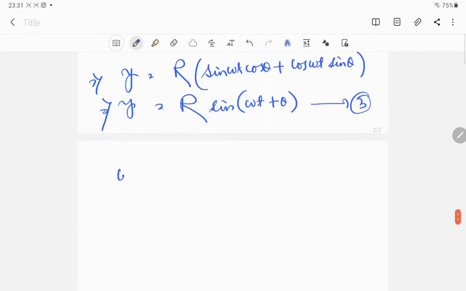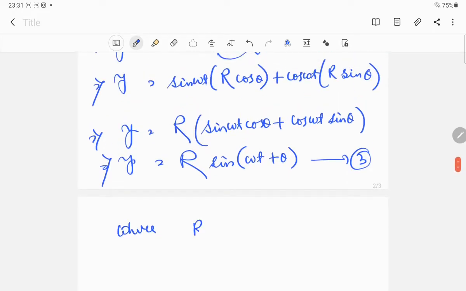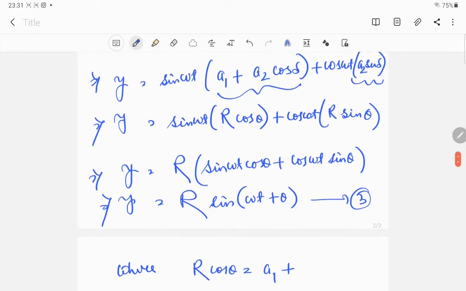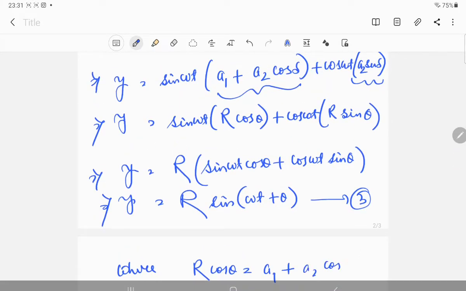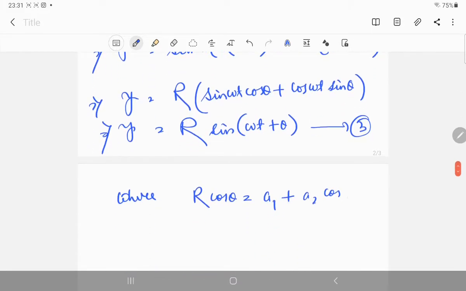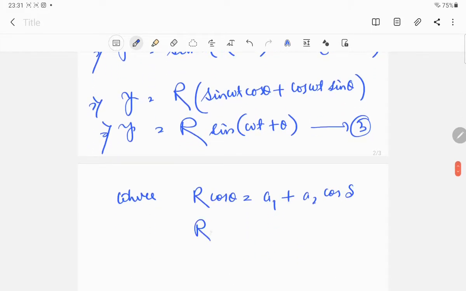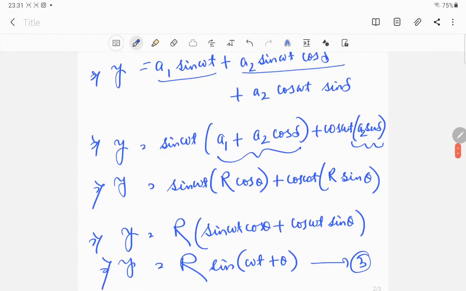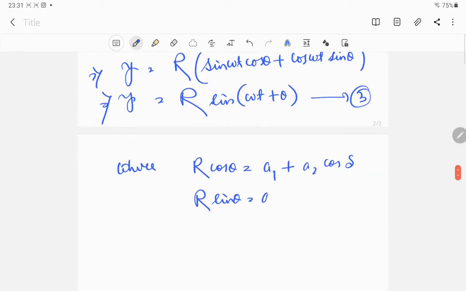So here what we have written is r cos theta is equal to a1 plus a2 cos delta, and r sine theta is equal to a2 sine delta.